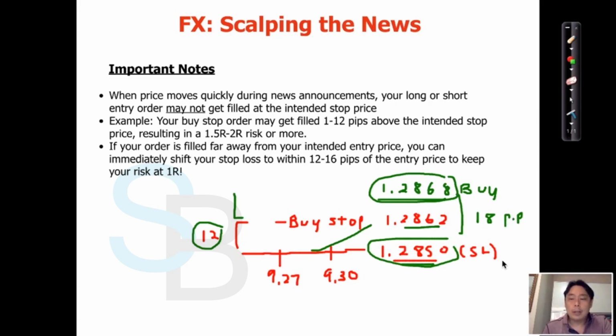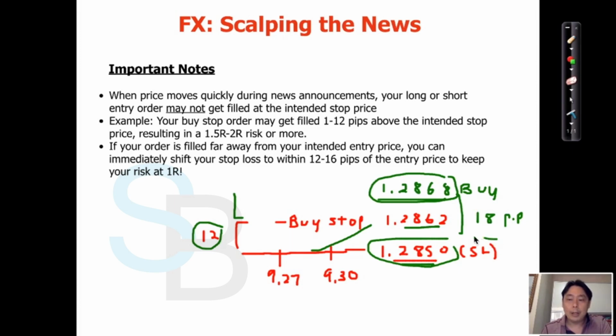So what I'm saying is, if you get filled at a price way above your intended entry price, what you could do is immediately shift your stop loss from 2850 upwards to within 12 pips of the buy price. So 2868 minus 12 is 2856.